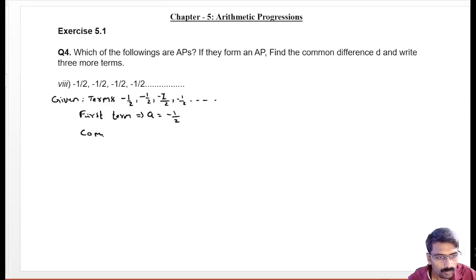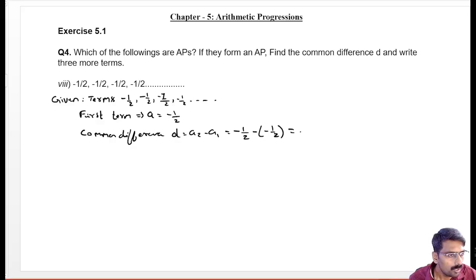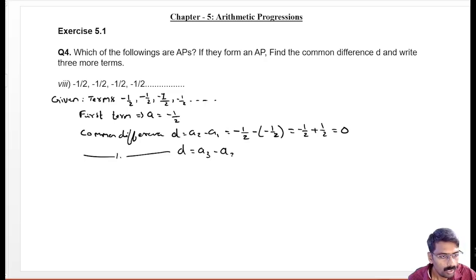Common difference D is equal to a2 minus a1, which is equal to minus 1 by 2 minus of minus 1 by 2, which is equal to minus 1 by 2 plus 1 by 2, which is 0. Similarly, a3 minus a2 is equal to minus 1 by 2 minus of minus 1 by 2, which is equal to minus 1 by 2 plus 1 by 2, that is equal to 0.